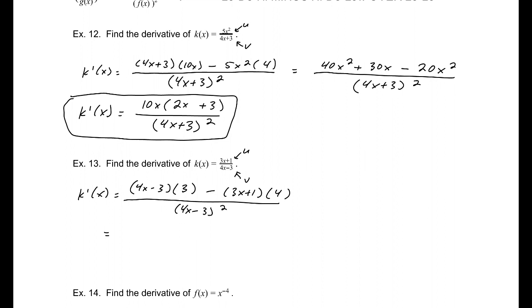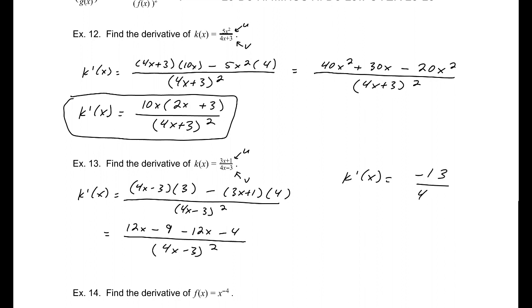All right, so multiplying that out, I get a 12x minus 9 minus 12x minus 4 over 4x minus 3 squared. So that will be negative 13. Negative 13 over 4x minus 3 squared.